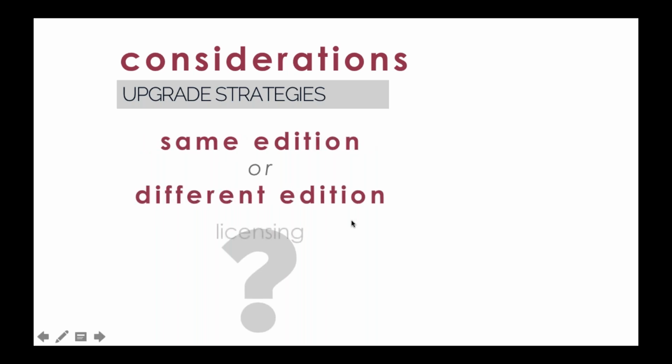Same edition or different edition? The consideration here is mainly about licensing. Now, in the past, when you're dealing with SQL Server 2008 and earlier, and you're looking at failover clustered instances and database mirroring, or even log shipping, if you consider that as a high availability strategy, your approach would be, let's keep the same edition.